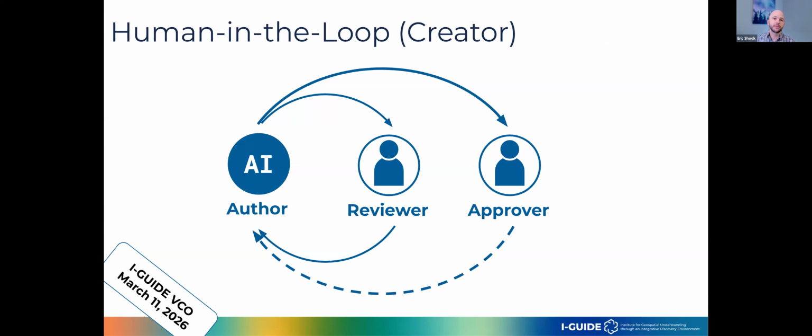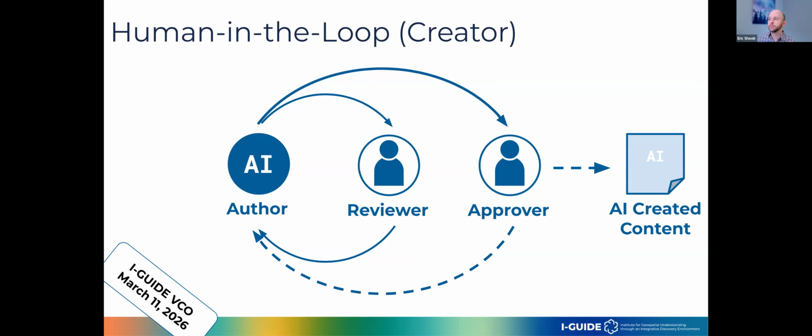The example of this would be using ChatGPT, Anthropic Claude, or Google Gemini, and you prompt it to generate a lab exercise for you, right? You then review the lab exercise, you decide it's good enough, and then you publish it in your class. So this is what we call human in the loop. And importantly, at the end of this, we have AI created content because AI was the original author of the material.